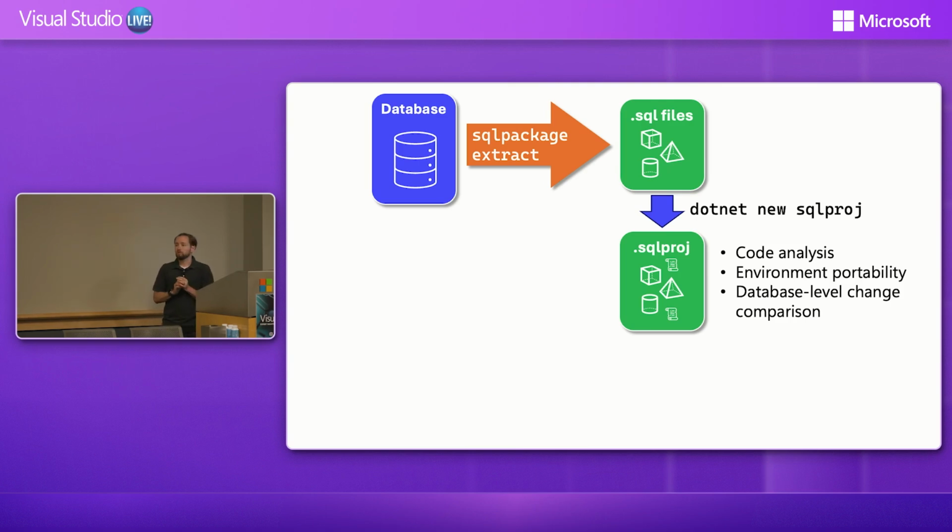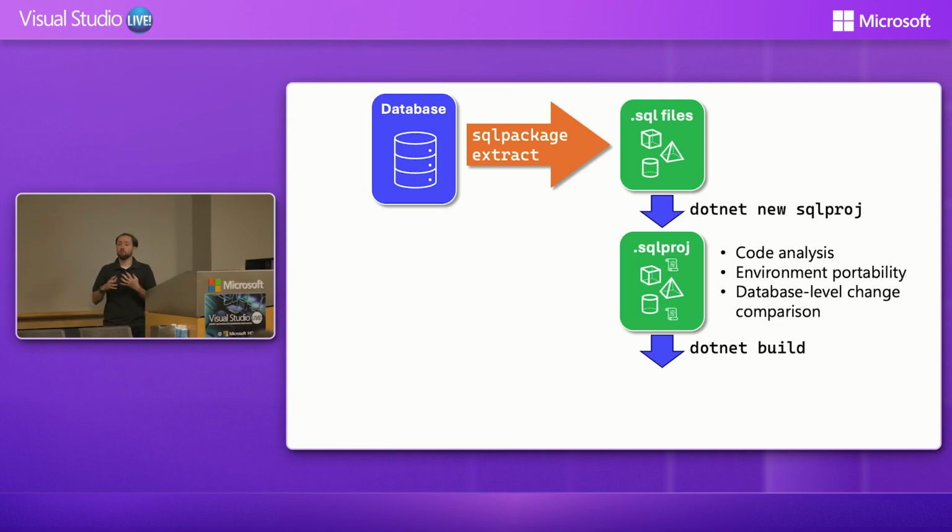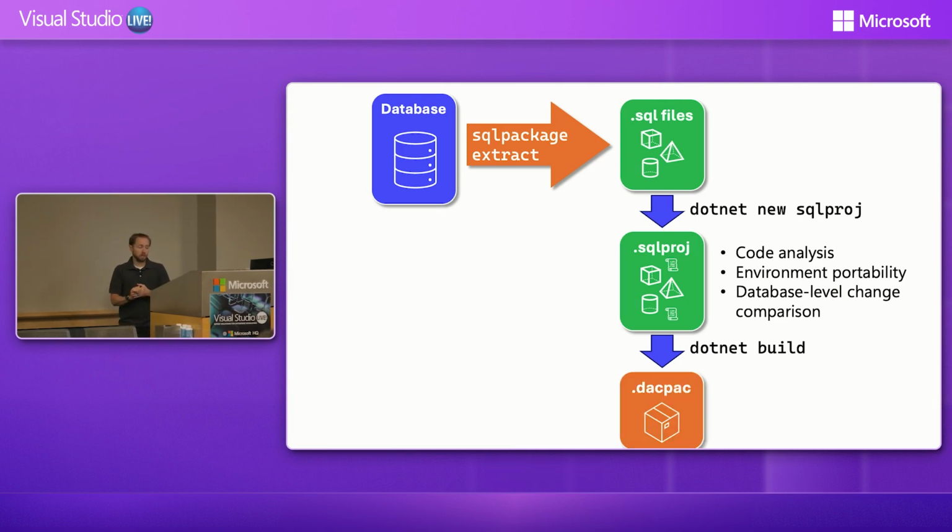But this also helps you then get to the point of being able to do database level comparison. So this could be, I need to know what changes have been made so I can cherry pick some out. This is also getting you on the way. And when you build a SQL project, that's when you get that code analysis and other model-based things because you're getting a DACPAC.